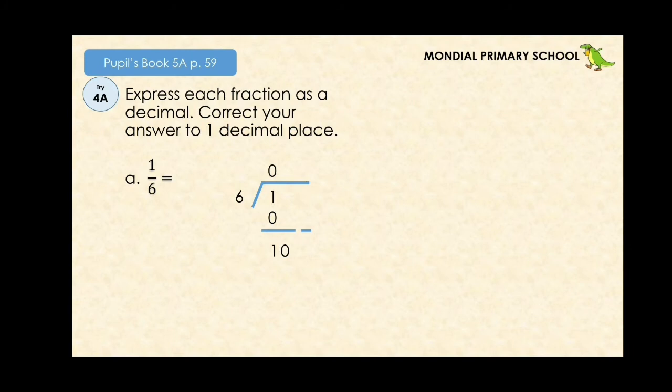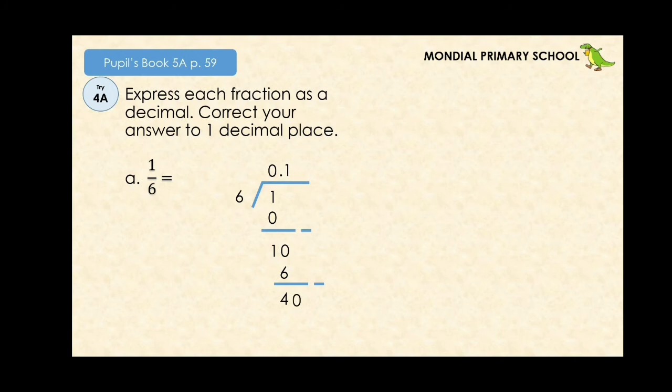Write 1 in the tenths column of the question. Then rename the remainder of 4 tenths. 4 tenths equals 40 hundredths.